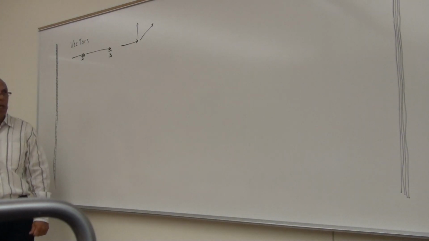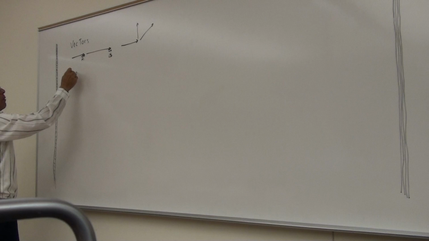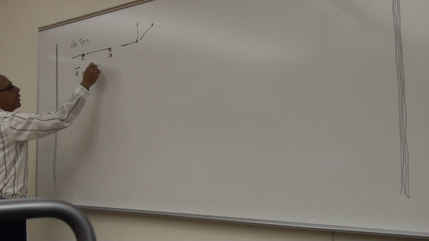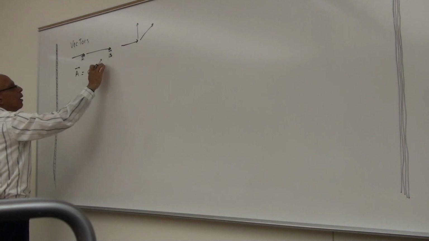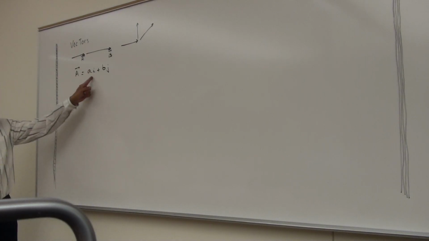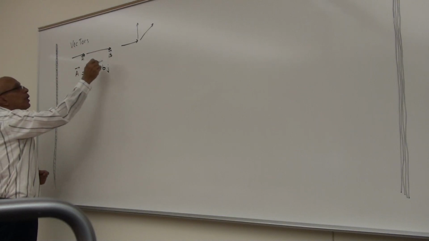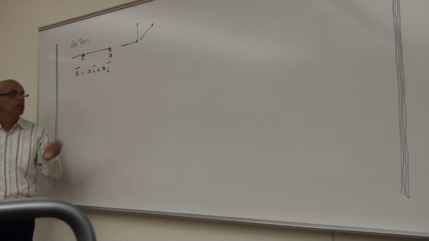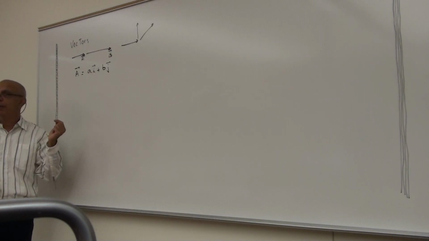We also talked about notation, right? Vector A can be Ai plus Bj. What is i? i is the unit vector in the x direction, and j is the unit vector in the y direction.